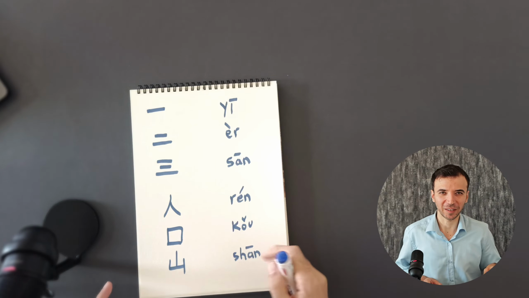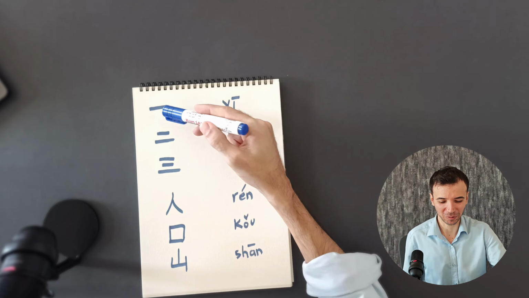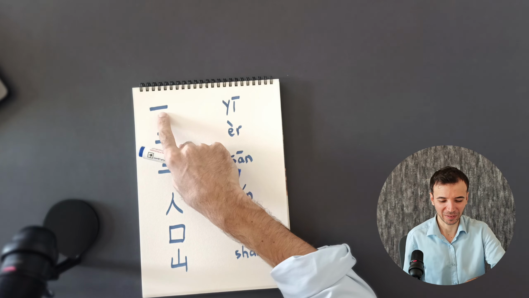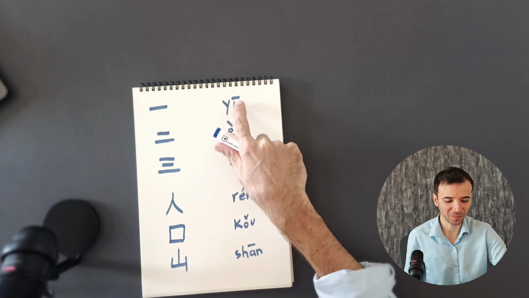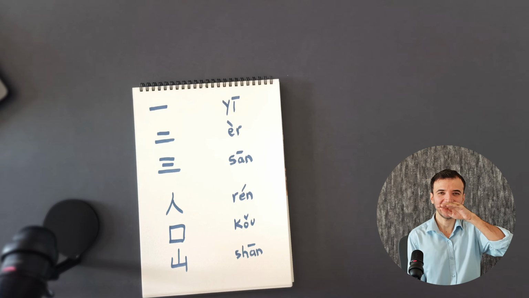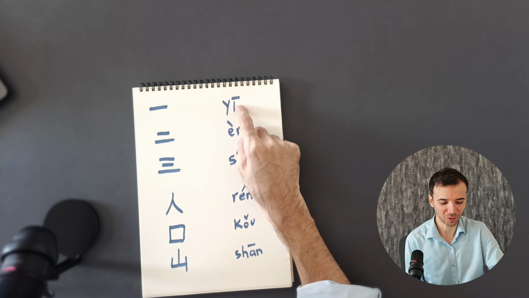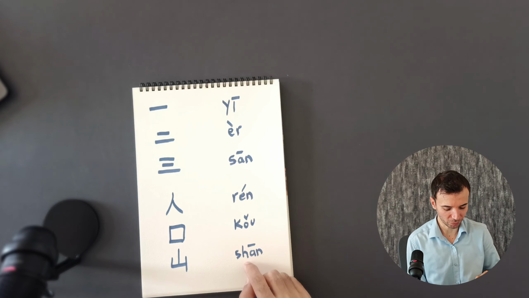So if you go back to the 6 characters that we studied and check their tones again, we will see that the character for number 1, yi, had the first tone. Yi, yi, yi. Okay, so this character is the first tone. Actually, we have more first tones.